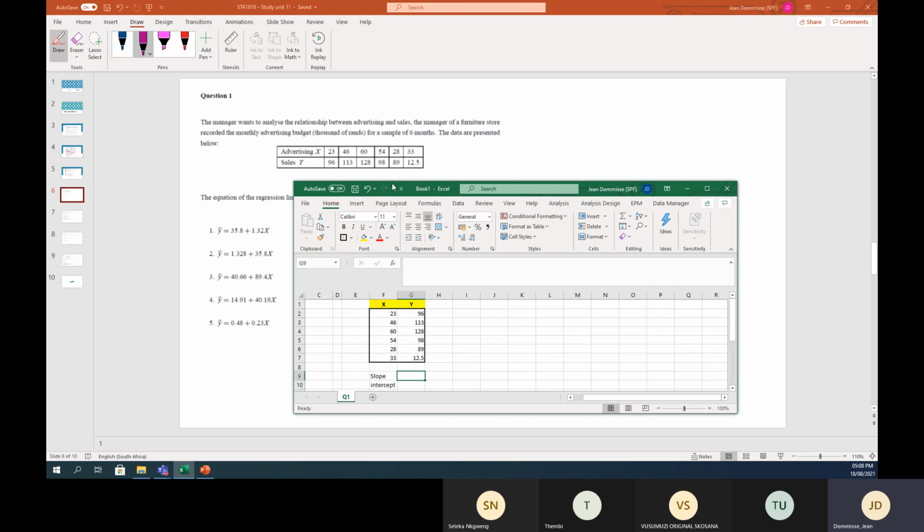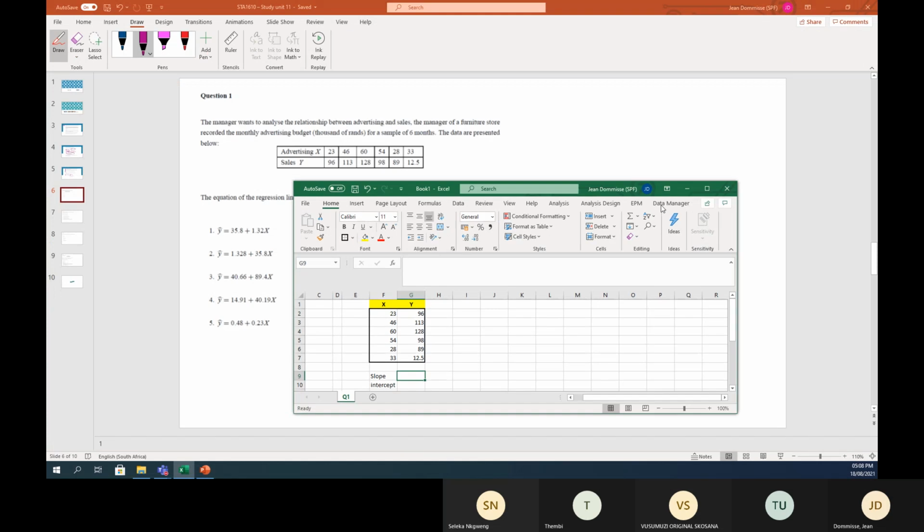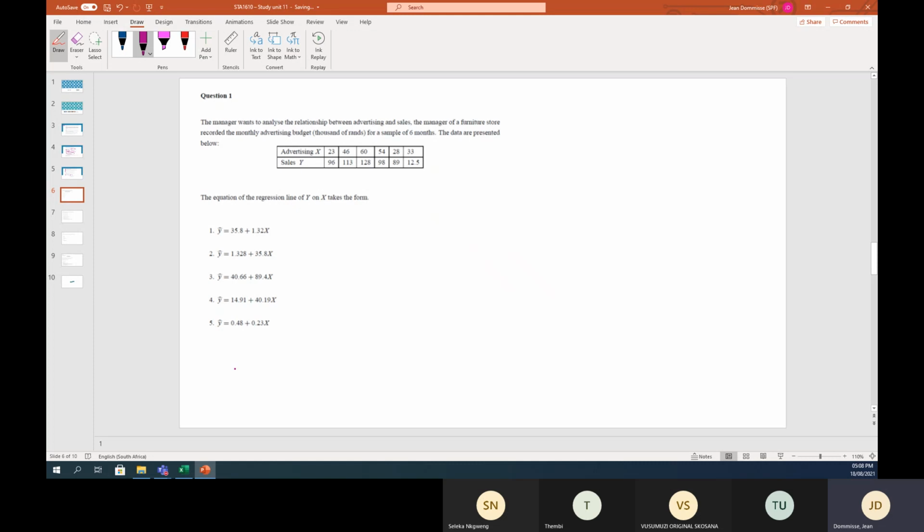So what I then want to do is, let's just see if I can move it, since it is now my second screen. It doesn't want to.